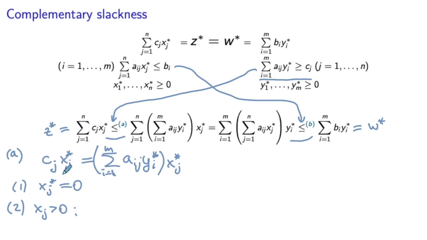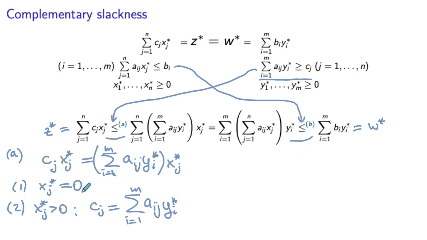Now that it is positive, I can just divide both sides by it, and as a result we obtain the following equality: Cj must be equal to the summation for i between 1 and m of aij yi stars. This was xj star here, right? We are talking about x star, which is the optimal solution in the primal, and y star, which is the optimal solution in the dual.